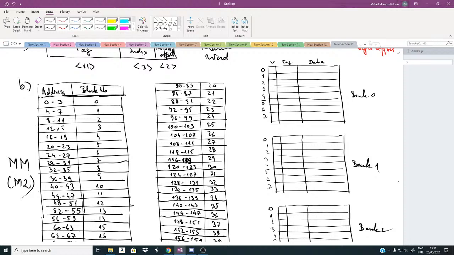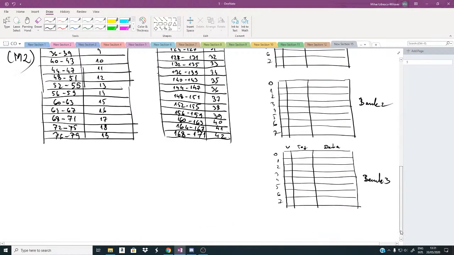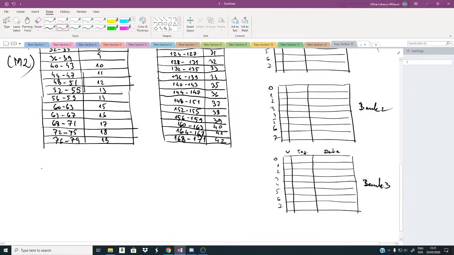Is the instruction in the cache? I mean, the word from address 30. Is it in the cache? Of course not, because the cache is initially empty. So all these valid bits are 0. So this first memory access from the processor will be a miss.